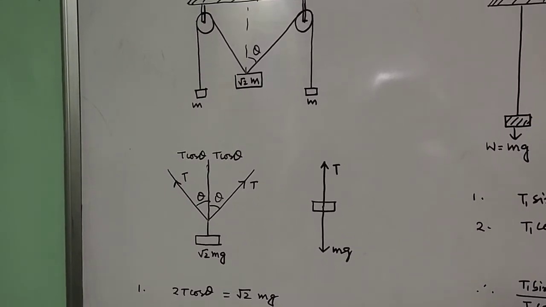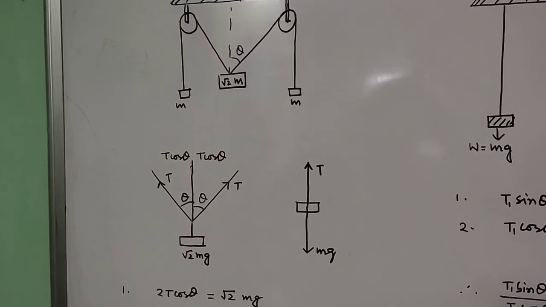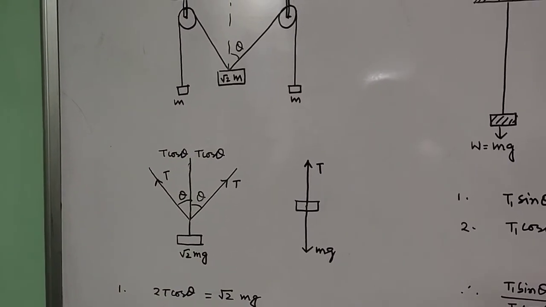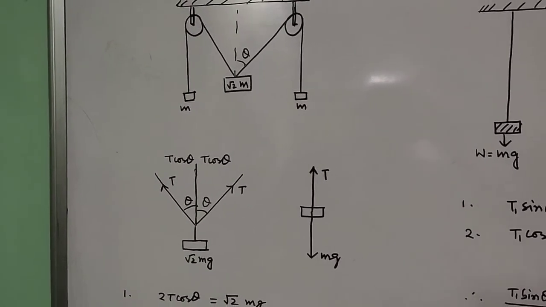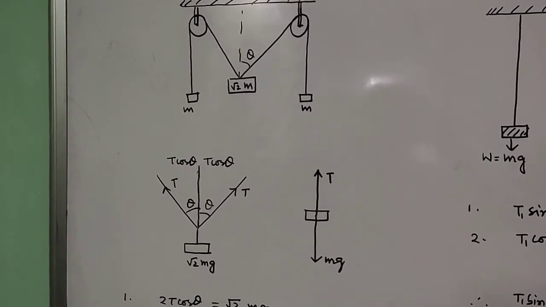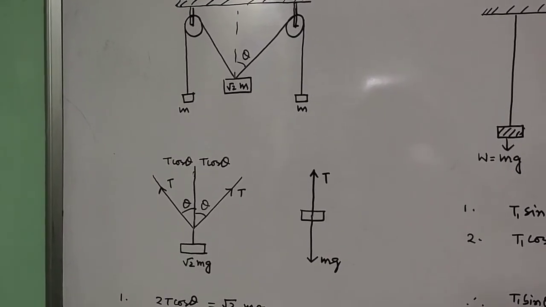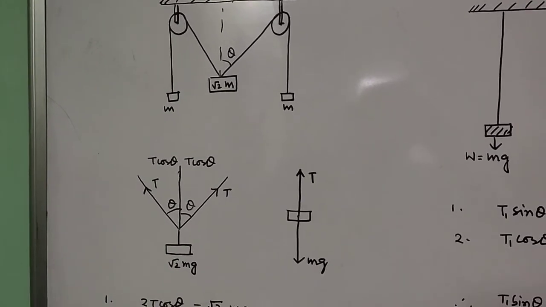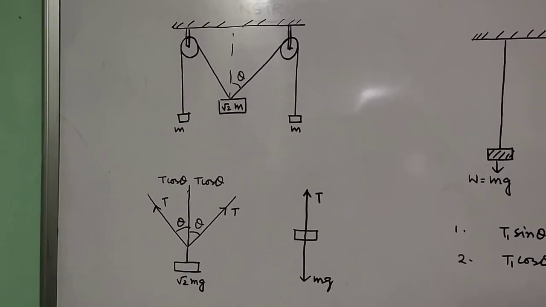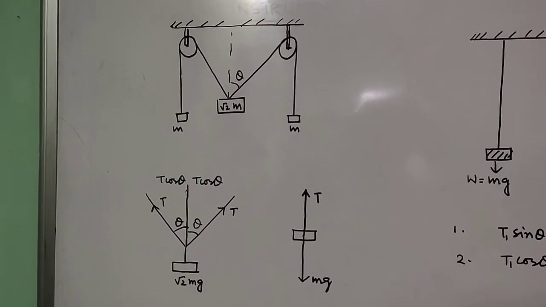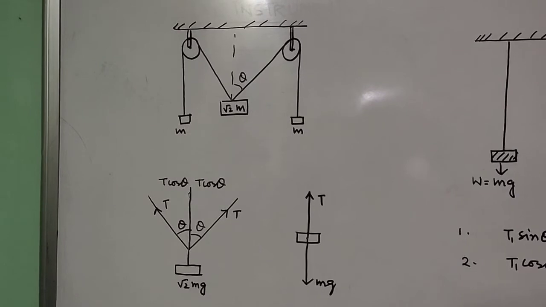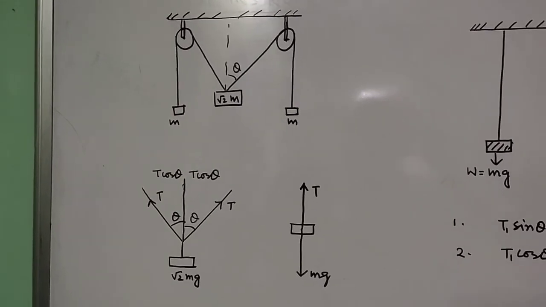So tension T, theta angle, so on the vertical it has component T cos theta, and at the joining point it has a mass root 2 m, so its weight is root 2 mg. Now if we consider the string only, then T is up and weight is down, so that is mg.